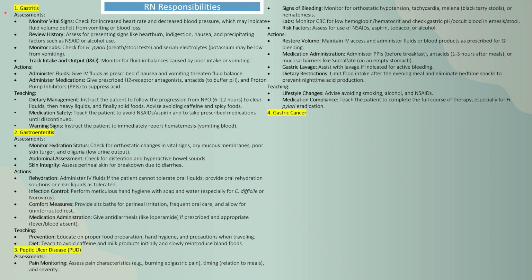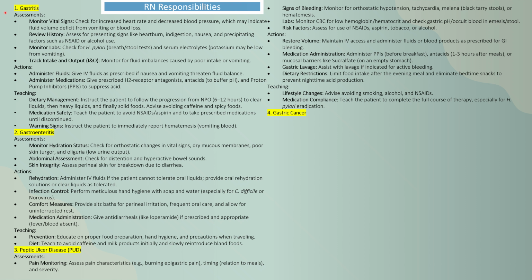Signs of bleeding: monitor for orthostatic hypotension, tachycardia, melena, which is black tarry stools, or hematemesis. Lab: monitor CBC for low hemoglobin, hematocrit, and check gastric pH, occult blood in emesis or stool.